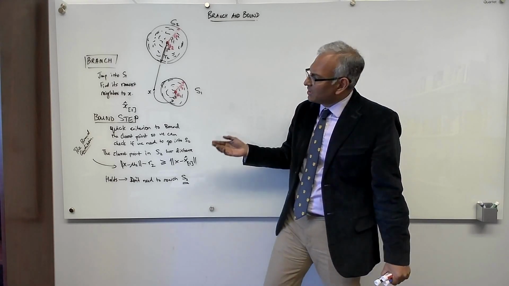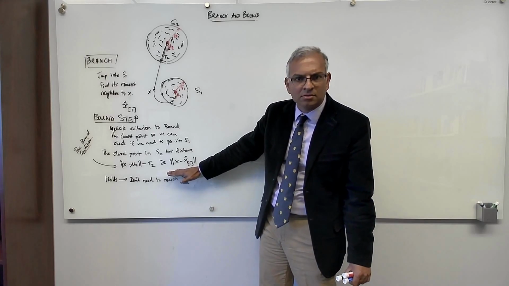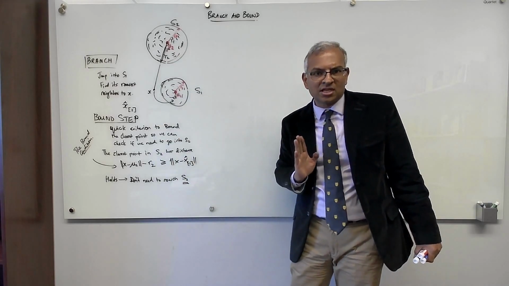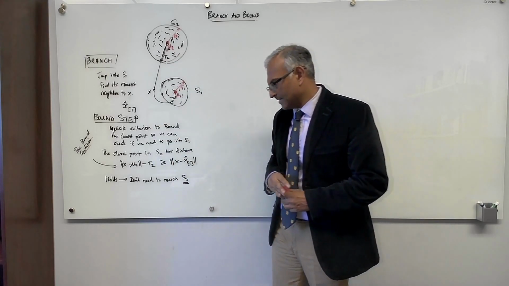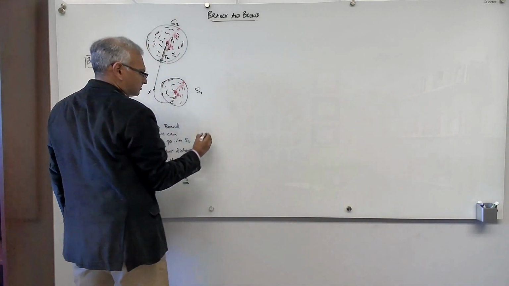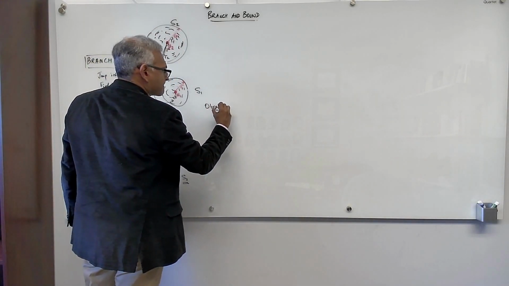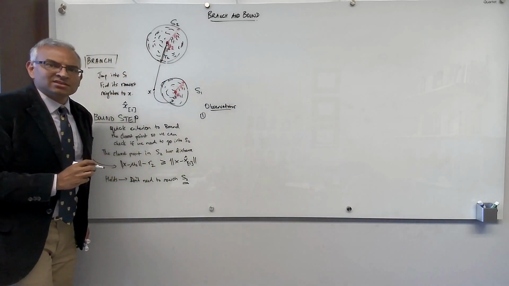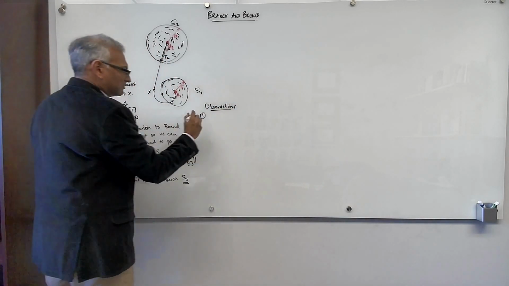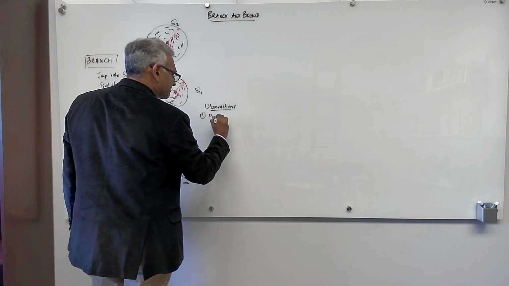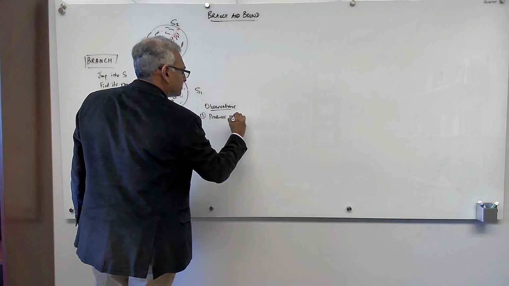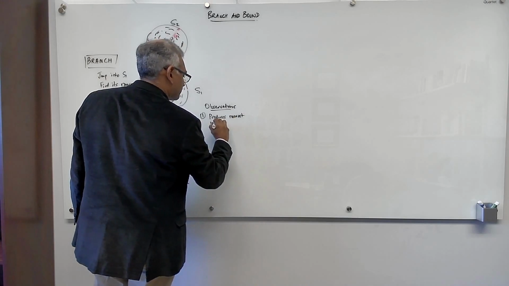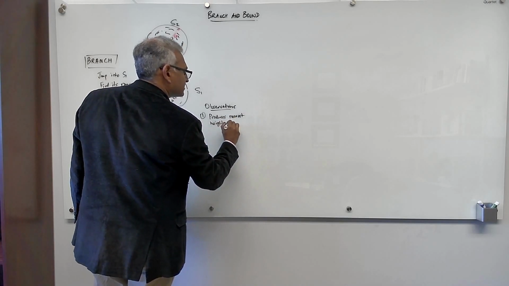The only problem is that if the bound condition does not hold, then you may have to search S2 and you haven't gained anything. So, first observation: it is guaranteed to produce the nearest neighbor. And that's a guarantee.